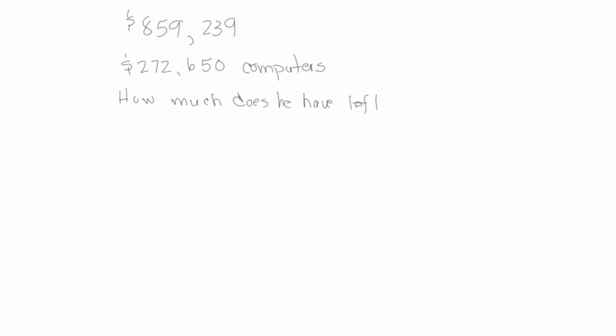So as always, we're going to start with a tape diagram, and we have our total of money that he has. So he has $859,239, and he spent $272,650, and we want to know how much money he has left.